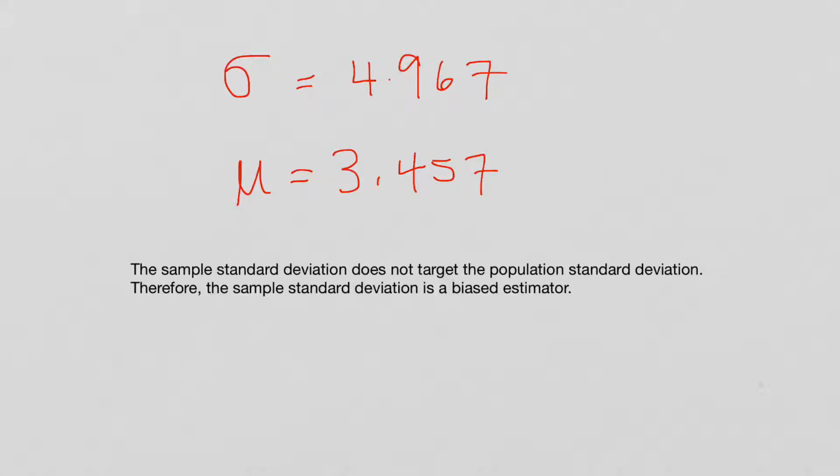So this is our answer to part D, which asks if the sample standard deviation is a good estimator for the population standard deviation. It does not target the population standard deviation, which makes it a biased estimator. And that's how you do that problem.